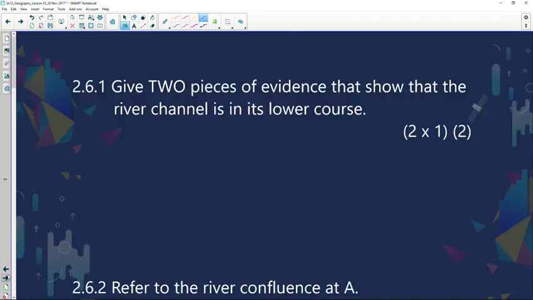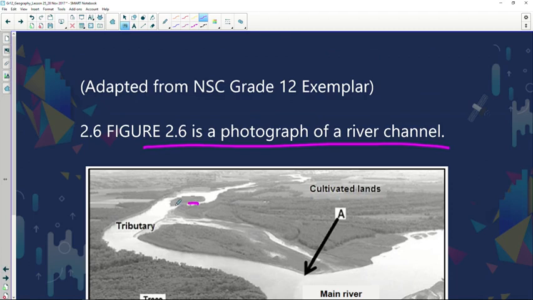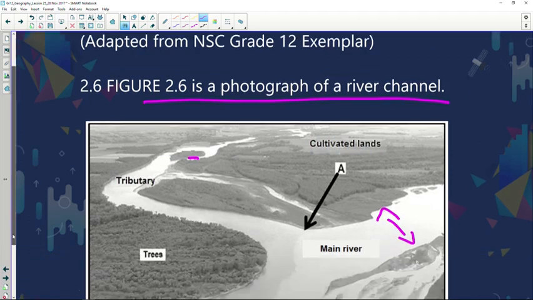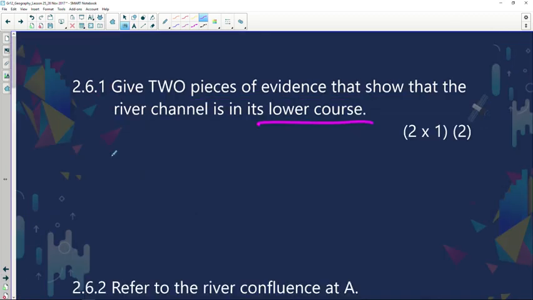Give two pieces of evidence that show that the river channel is in its lower course. Now if we go back, I've just mentioned it, we can see the stream is braiding, the river is relatively wide, and most importantly, look how flat the gradient is. There's no really steep hills or relief over here. So let's quickly write down the correct answers over here. What can we say?